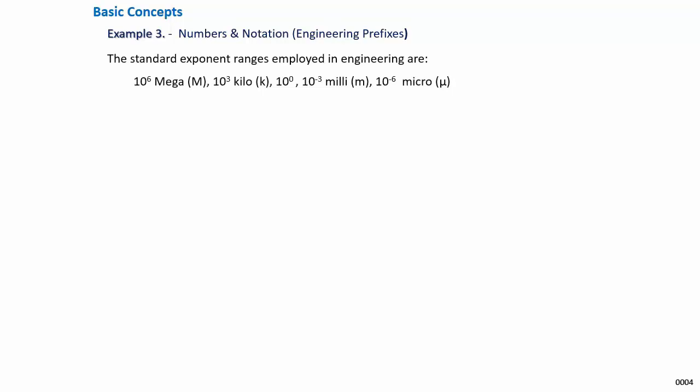In engineering, there are certain preferred exponent values, and they are 10 to the power 6 mega, represented by the letter uppercase M, 10 to the power 3 kilo, represented by the letter lowercase k, 10 to the power minus 3 milli, represented by the letter lowercase m, and 10 to the power minus 6 micro, represented by the Greek letter mu. You are expected to recognize these prefixes and know the exponent power they represent.